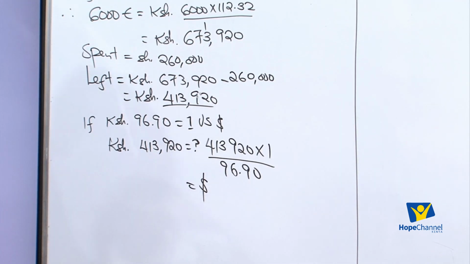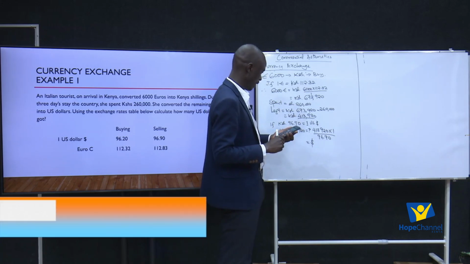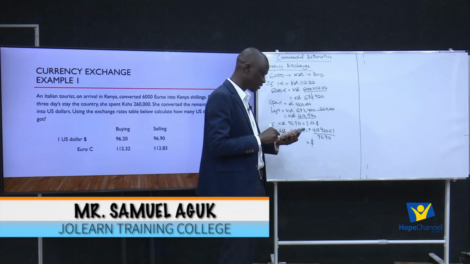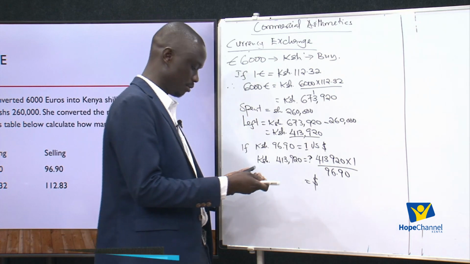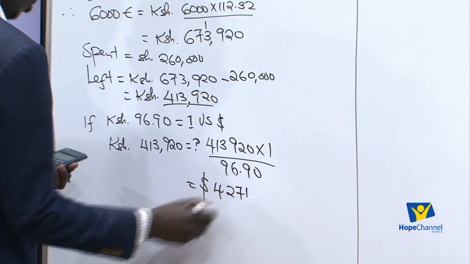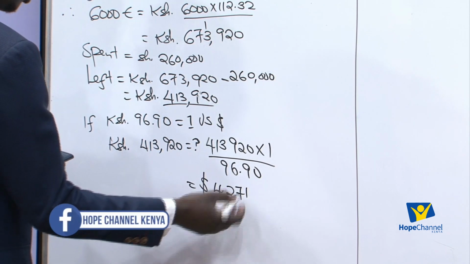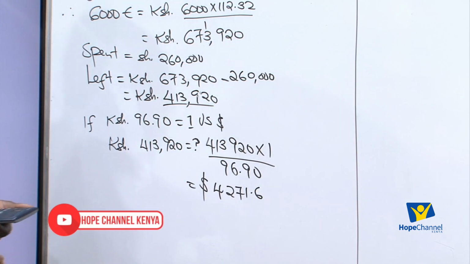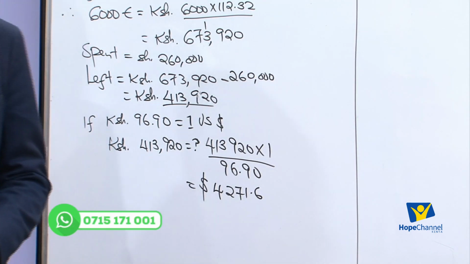So let's just work it out. We say 413,920 times 1, then we divide by 96.90. So this is equivalent to $4,271.6. To the nearest dollar, she remained with 4,271.